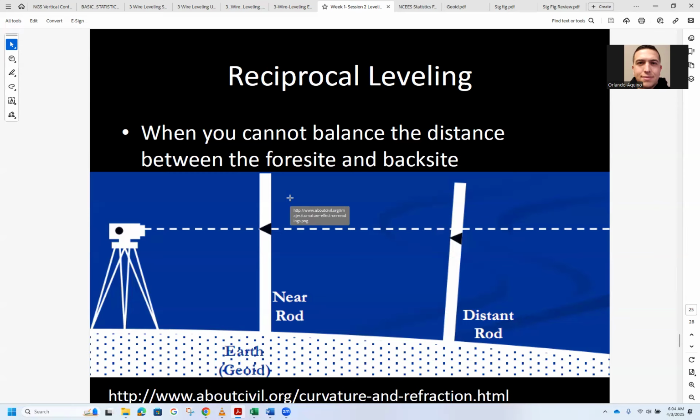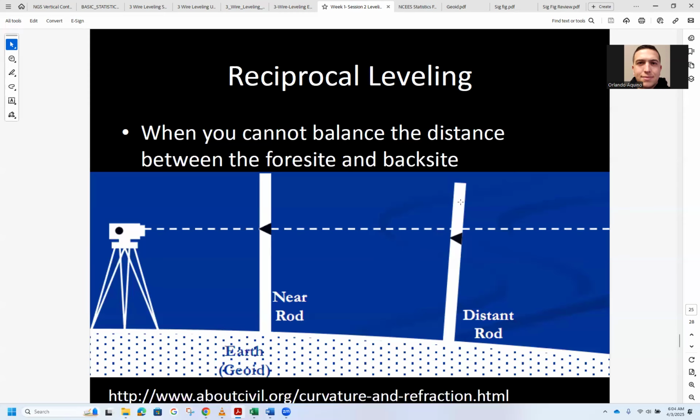So when you cannot balance the distance between the foresight and backsight. So again, when the rod reading is near, when you're too close to it, it's a perfect example. As you're going along, you say, all right, I'm going to set up just about 20 feet from my foresight.